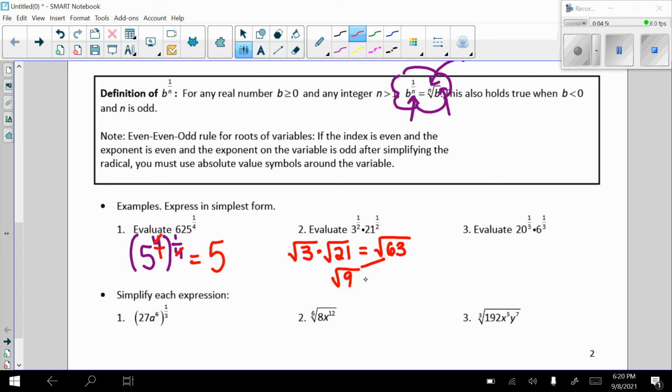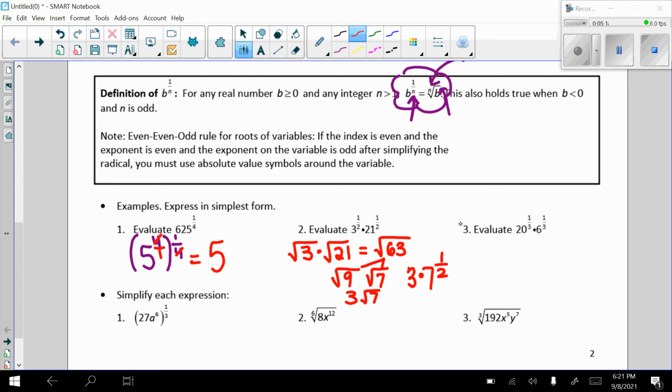Well, it's 9. So we can do a little rewrite here. That square root of 63 is root 9 times root 7. And of course, we know that the square root of 9 is 3. So we get 3 root 7 as our answer. Square root of 7 cannot be simplified. You might see it written as 3 times 7 to the 1/2. That would be the same answer.